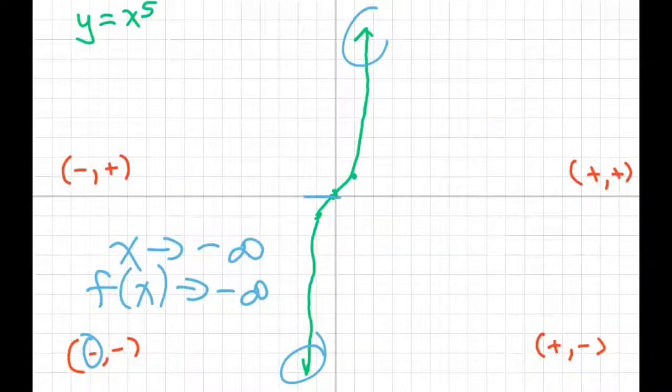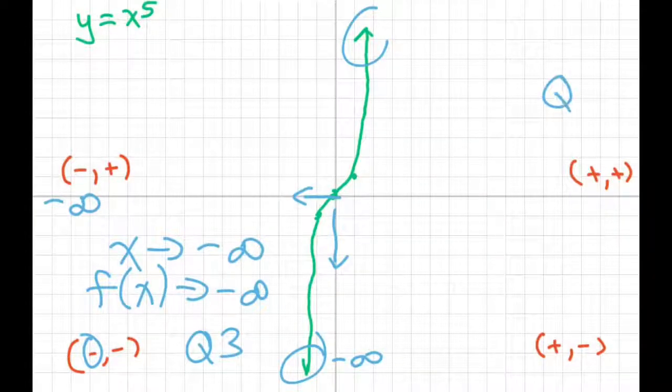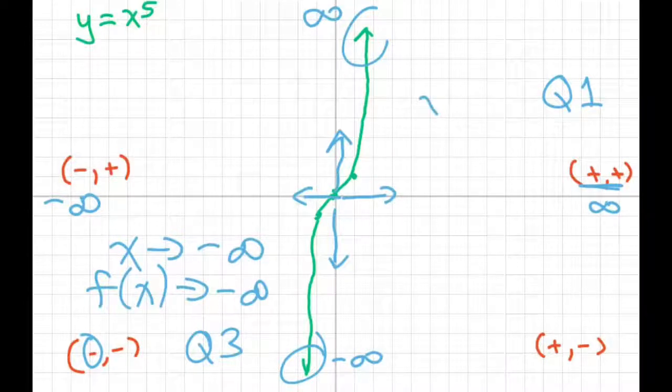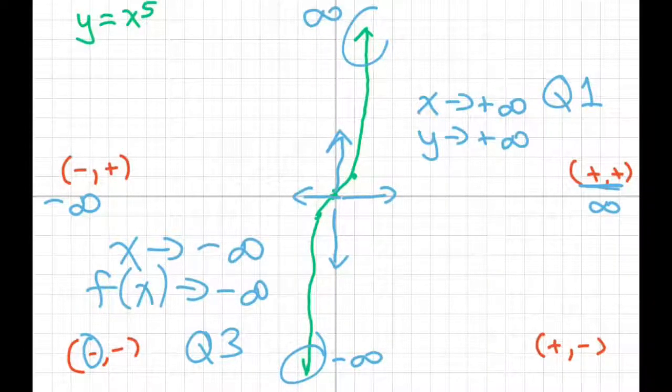So as we go this way, we're going down, negative infinity to negative infinity. So that's quadrant 3, and we're ending in quadrant 1. As x tends to infinity, y also tends to infinity. As x gets larger and larger, y also gets larger and larger. And anything with the odd power is going to be quadrant 3 and quadrant 1.